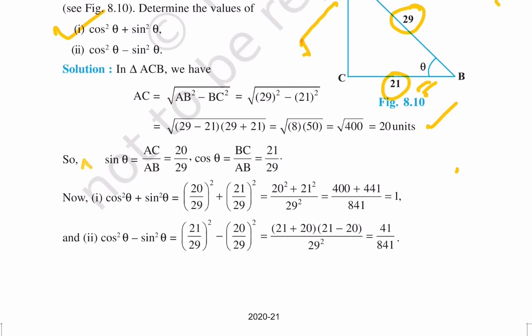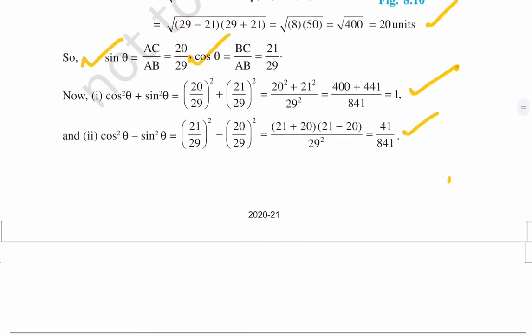Firstly we will find sin theta and cos theta, and then square and add them. You will get that this value is equal to 1. Similarly, we can find that cos square theta minus sin square theta is equal to 41 divided by 841.